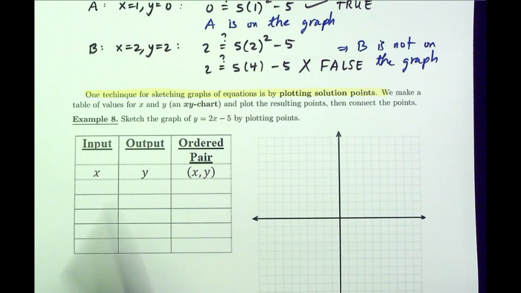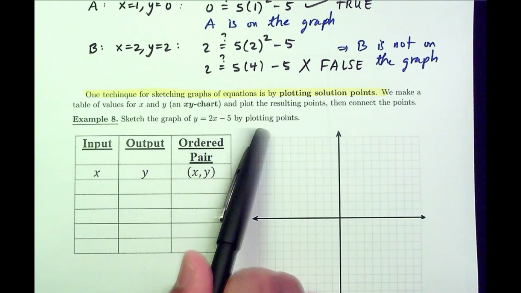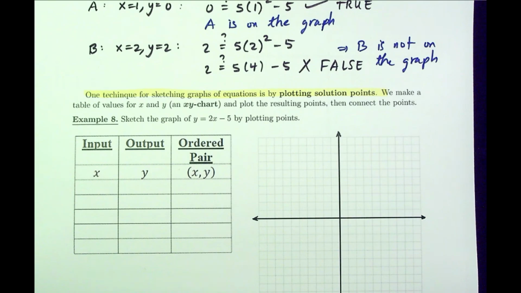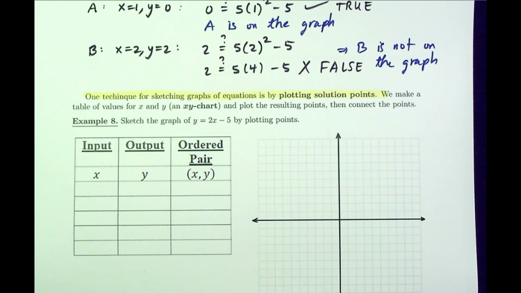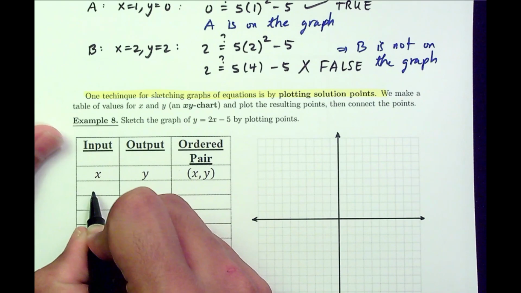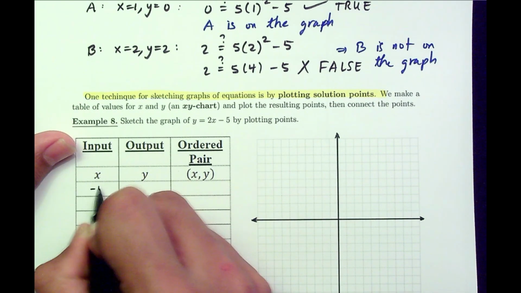Okay, so let's use that technique to sketch the graph of this equation. Sketch the graph of y equals 2x minus 5 by plotting points. I have here a table that has 1, 2, 3, 4, 5. So let's say we take 5 points starting from -4, -2.